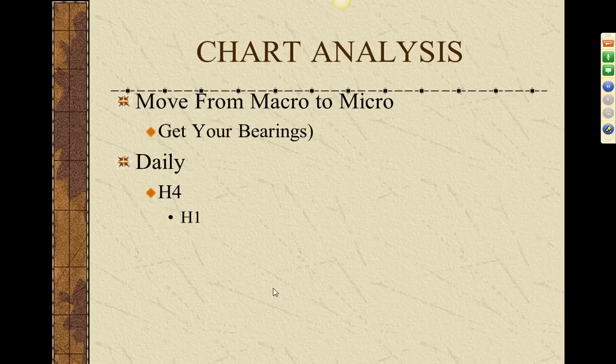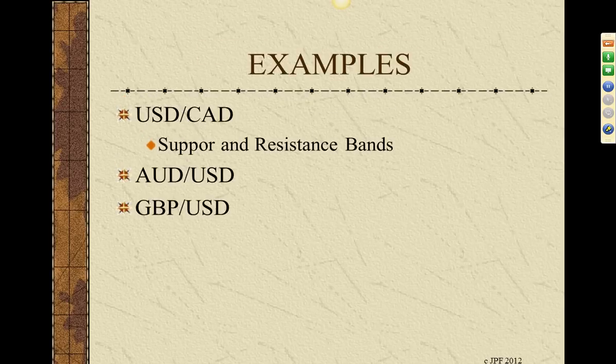So going back into the PowerPoint slides, chart analysis: move from macro to micro, get your bearings, then look for not just local, but more of your larger area, multiple days where it's hitting your support and your resistance. So examples, we showed you the US dollar, Canadian dollar support and resistance band. Sorry about the typo there on the word support. Aussie dollar, US dollar, pound US dollar.